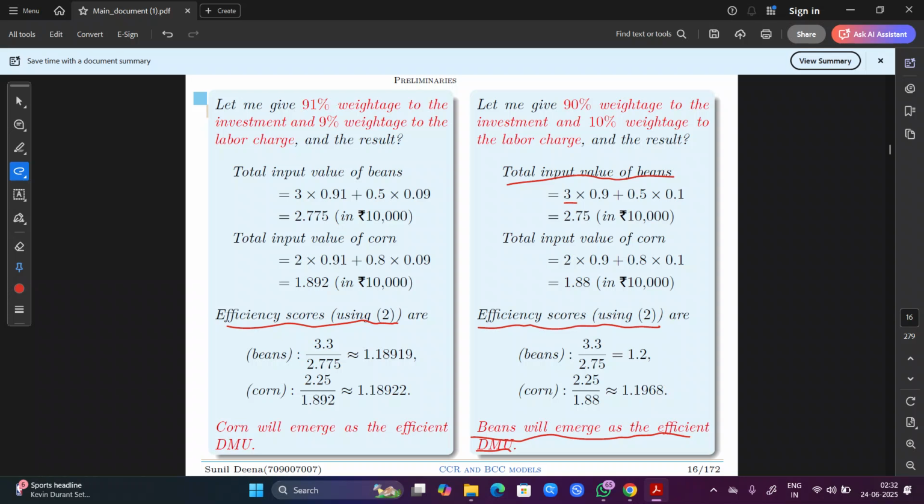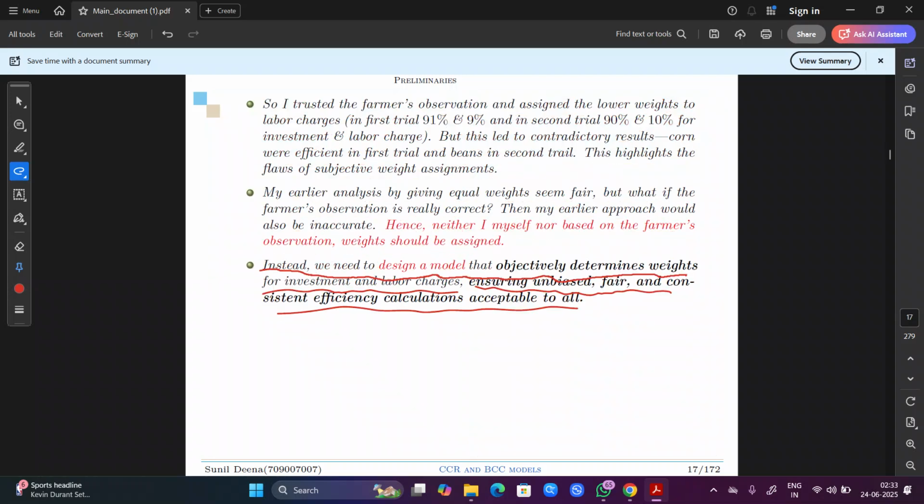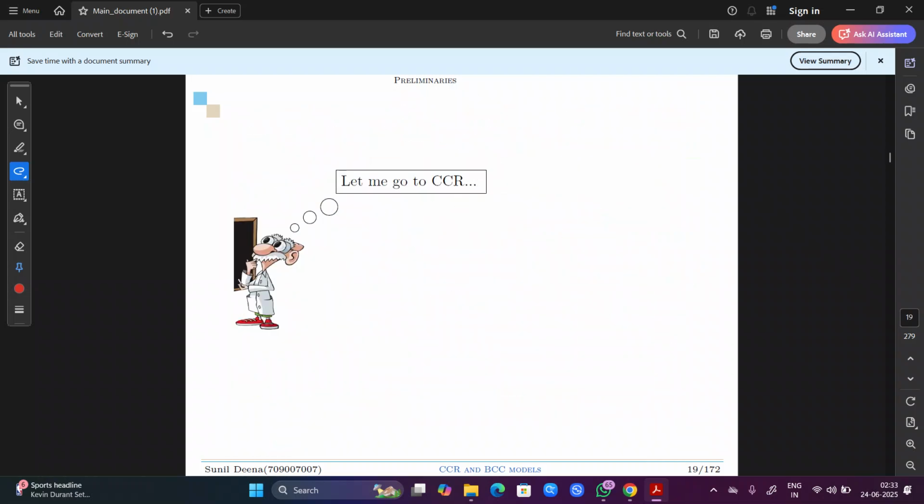I am giving 90% weight to the investment and 10% weight to the labor, and I am getting beans as the efficient one. Then what to do? How to overcome this problem? Then three scientists discovered a model called the CCR model.